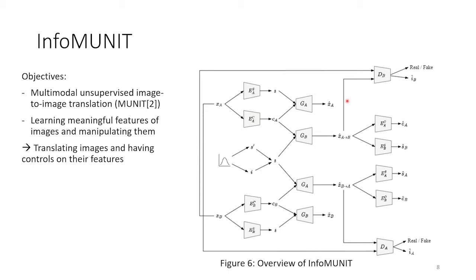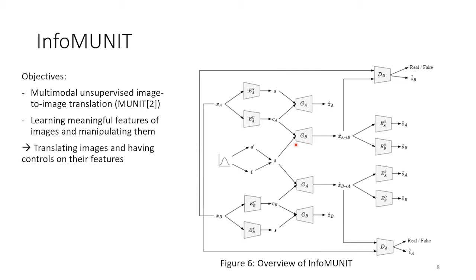For translating an image from one domain to another domain, we first extract the content of the image, and then we give that content to the generator of the second domain with a random style code.